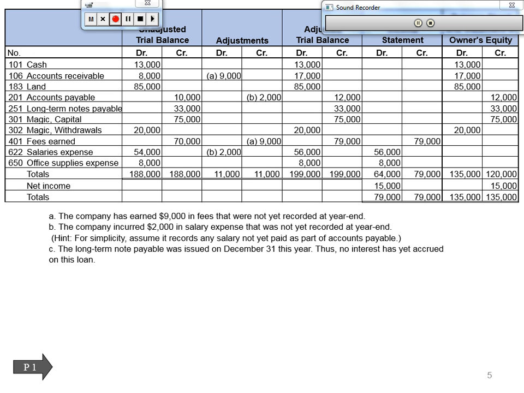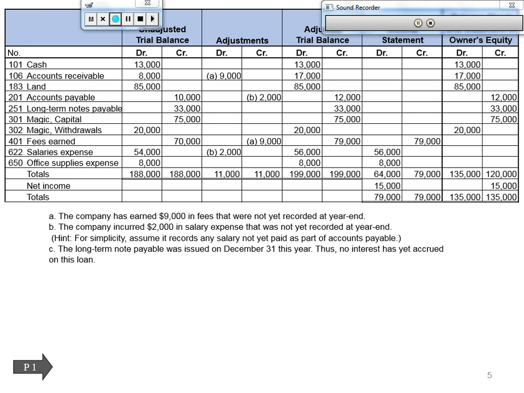I need you to understand how they got there. I don't care what you add or subtract, it's how you got there. If we didn't have these two columns and I had to do two different statements, a balance sheet and a statement of owner's equity, which one do you prepare first? The balance sheet? That's why you're confused. It's the statement of owner's equity you prepare first.